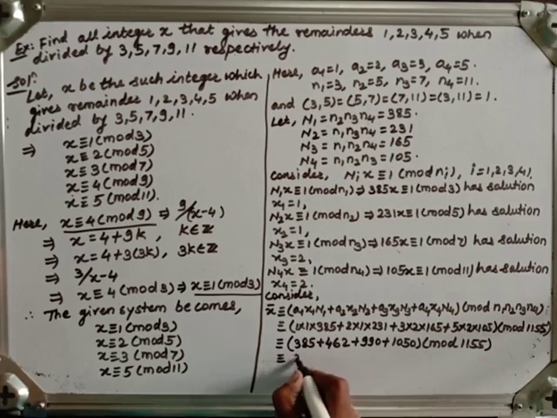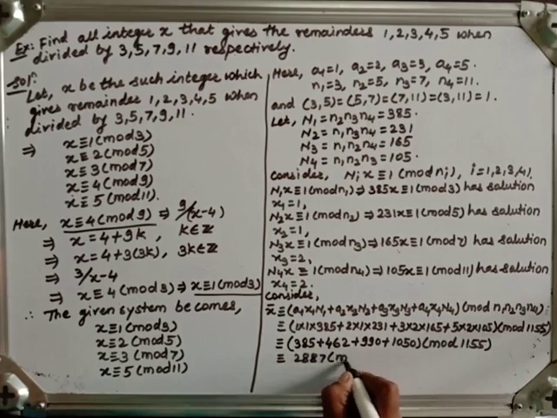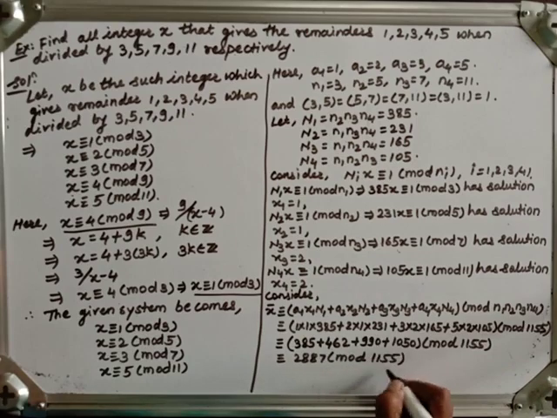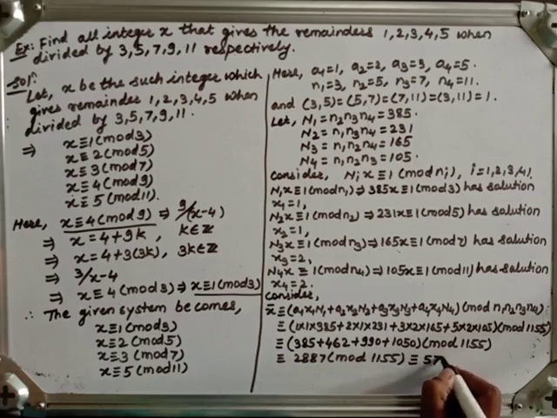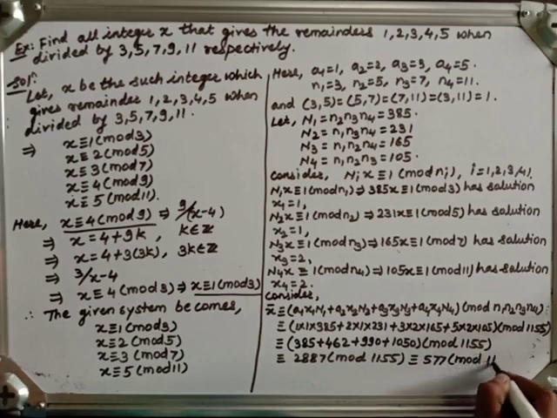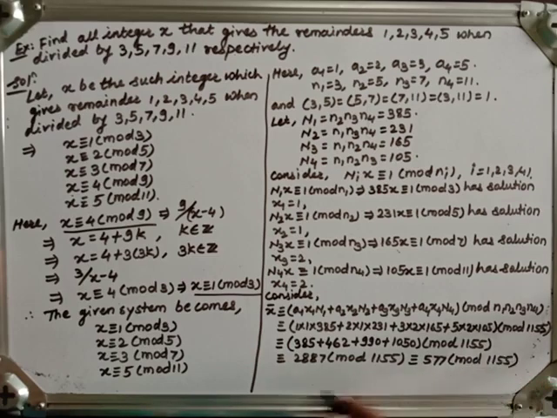So congruent to 2887 modulo 1155. So it is congruent to 577 modulo 1155. So x bar is congruent to this.